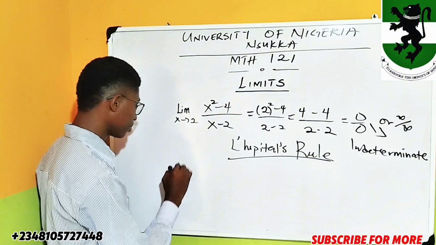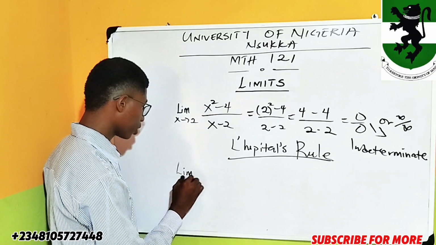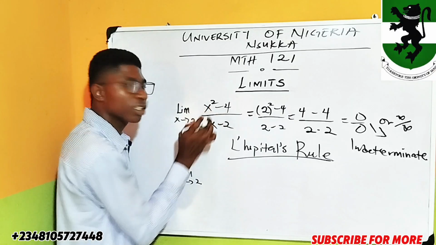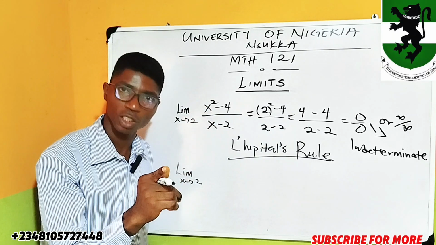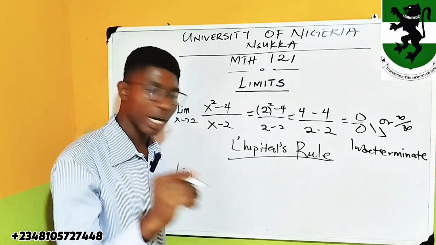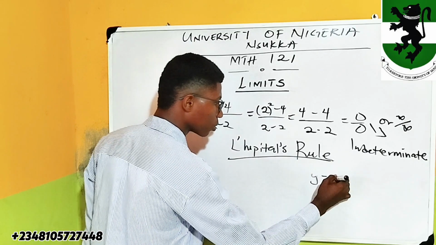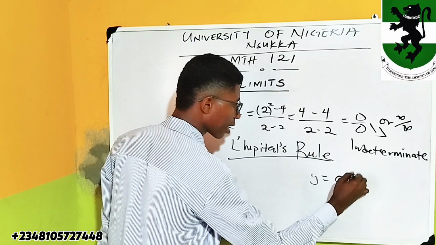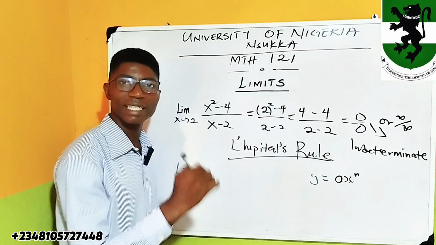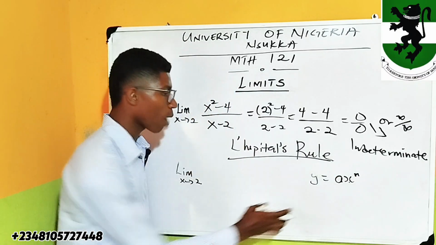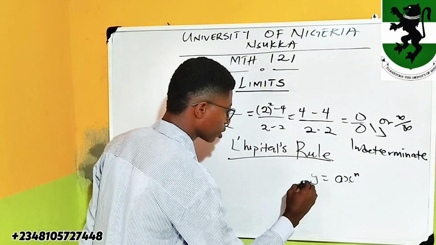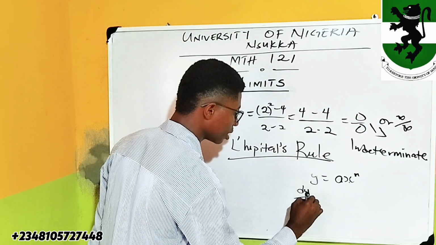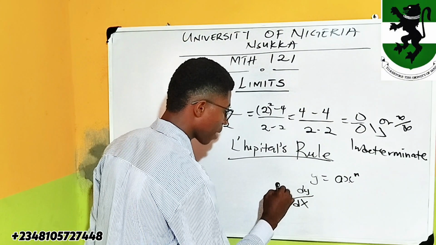So I have limit as x approaches 2. Now, differentiating x squared. I hope you know how to differentiate. Let me give you this preamble. I have y is equal to ax exponent n. dy/dx, that is, we are differentiating y with respect to x. dy over dx, or they can say y prime.